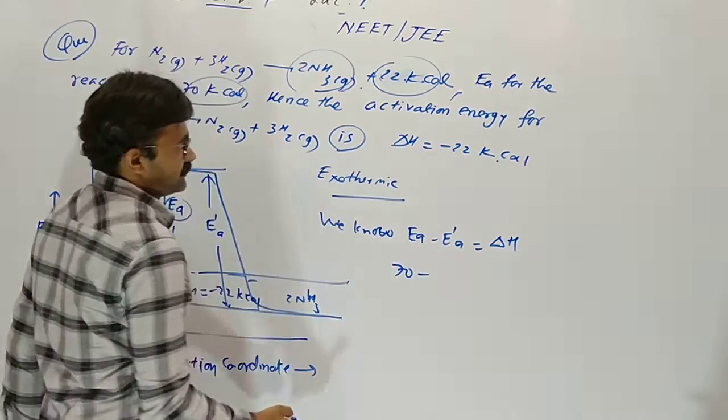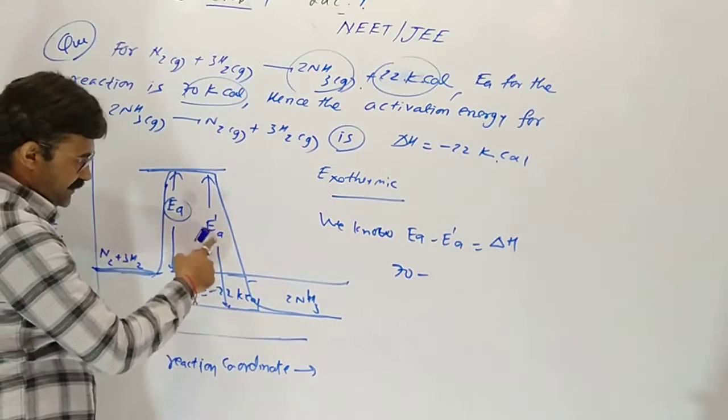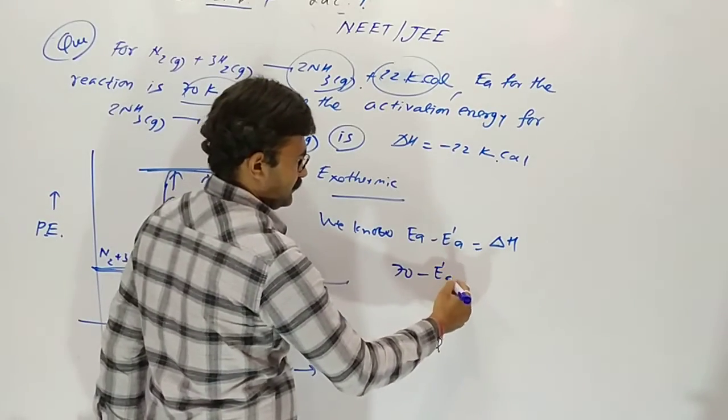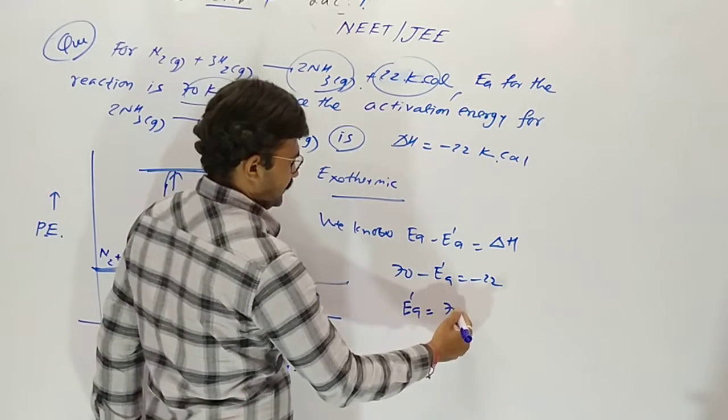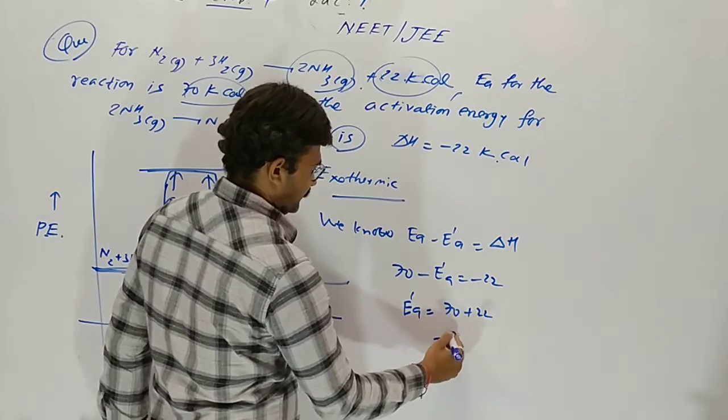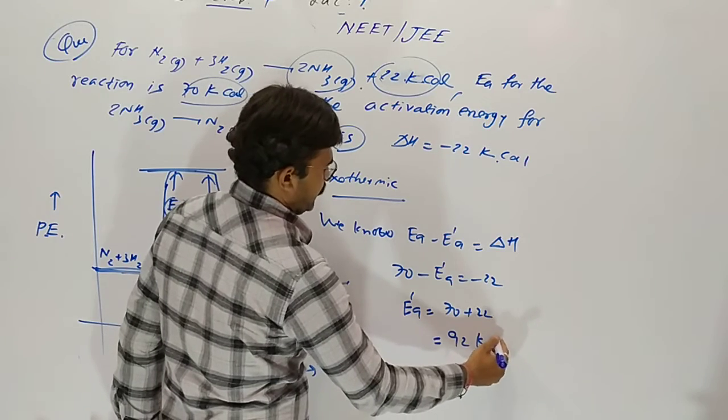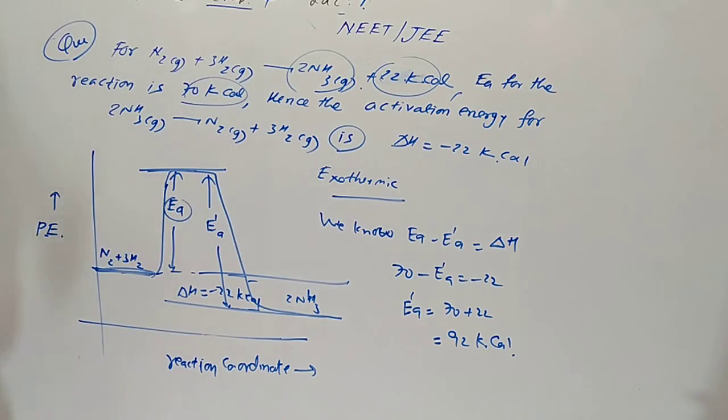For backward reaction E dash A we have to derive. Here minus 22, so E dash A will be 70 plus 22, 92 kilocalorie is our answer.